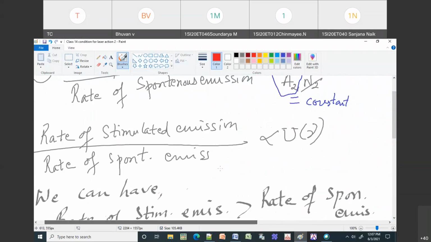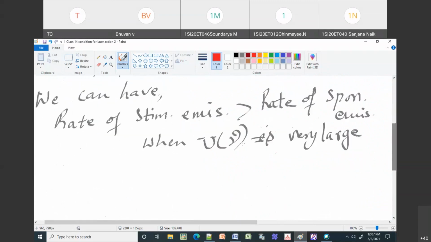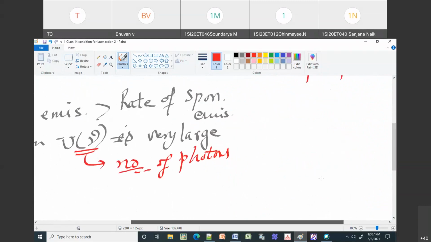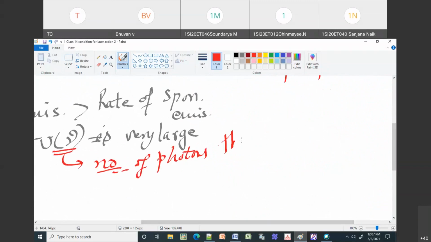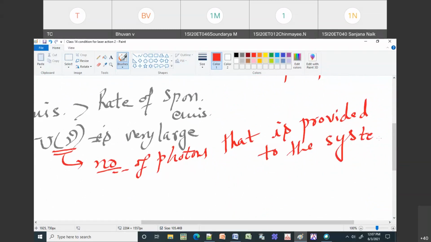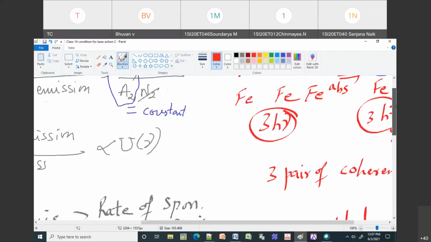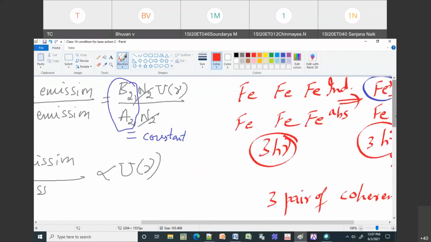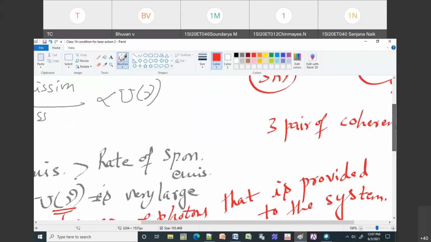So that is the meaning of having U of nu large. U of nu refers to the number of photons, it can be electrons or anything, that is provided to the system. If I give a higher U of nu, then I can still get more stimulated emission.